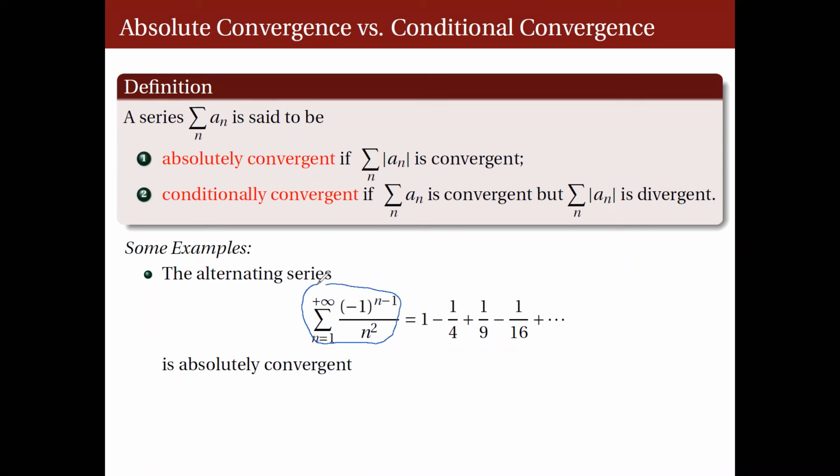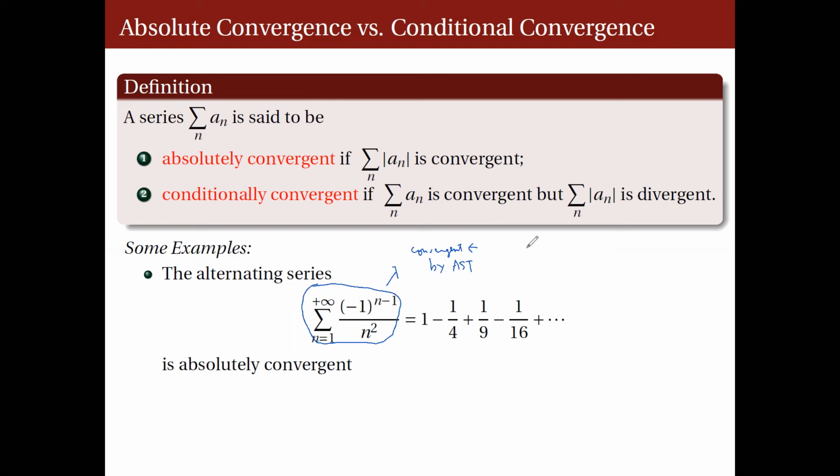Ano kayang pwedeng test yung i-apply para ma-determine kung yung series ay convergent? So mukhang pwede dito ang AST. So mabilis maipakita, kayo na lang mag-verify that this series is convergent by AST. Okay. So dahil convergent siya, pwede nating itanong anong type of convergence yung meron sa series na ito.